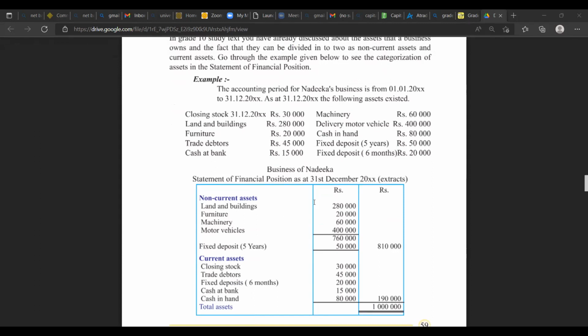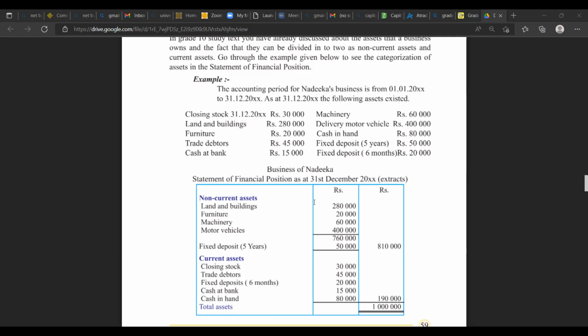And if you have any investment or deposits which mature after more than one accounting year, fixed deposit, that also comes under non-current assets. And current assets, you have your stocks, you have your debtors, and fixed deposits matured within 1 year, cash at bank, and cash in hand. And you come up with the total assets. Is it clear? So assets, both current and non-current.